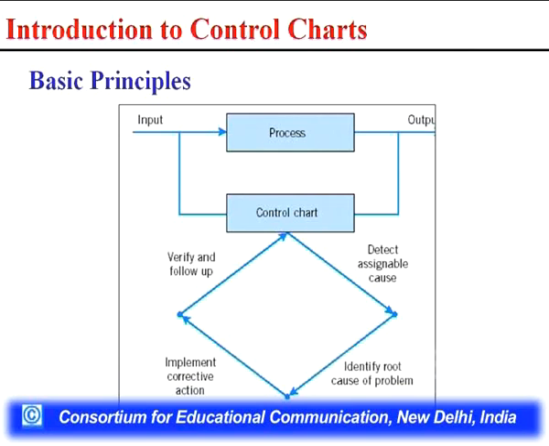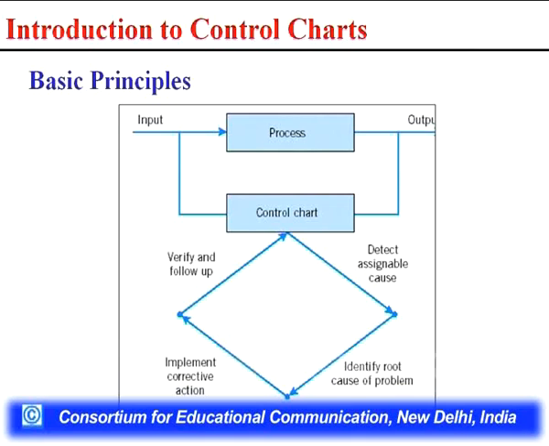We will repeat the basic principles. Input, process is there, we get the output. From the output we take a sample and put the results on the control chart, and the control chart tells us whether the process is under control or out of control.